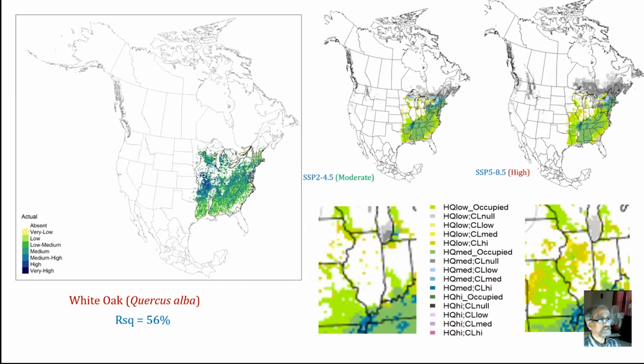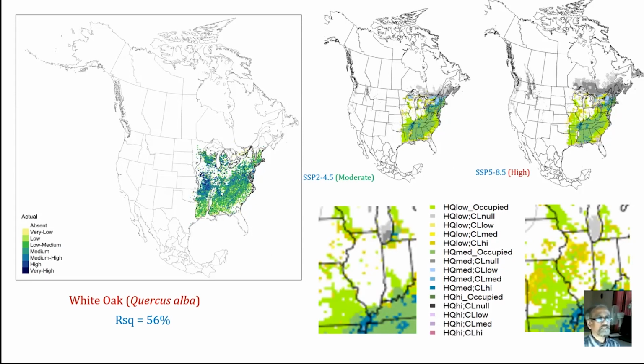Next, we do the white oak. Okay, this is better. Notice that right now, Illinois has quite a bit of white oak present, but under future scenarios, especially the moderate scenario, white oak is not predicted to do very well.